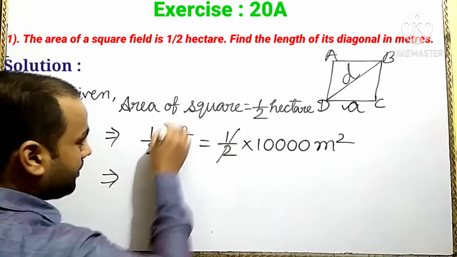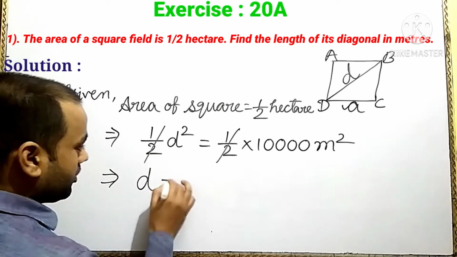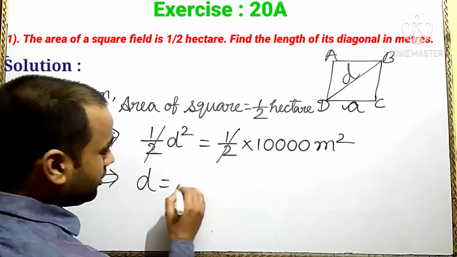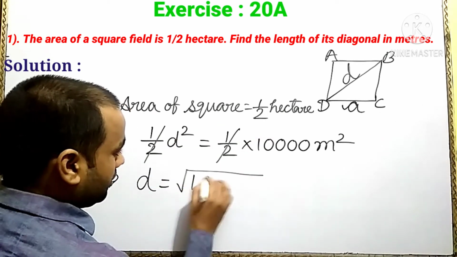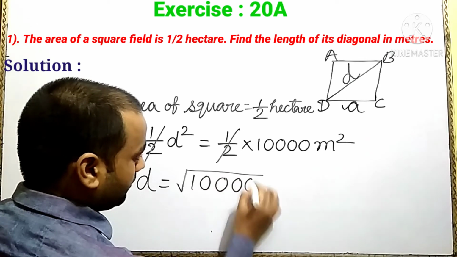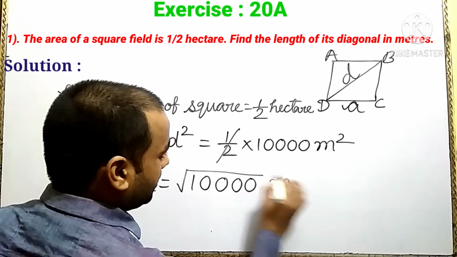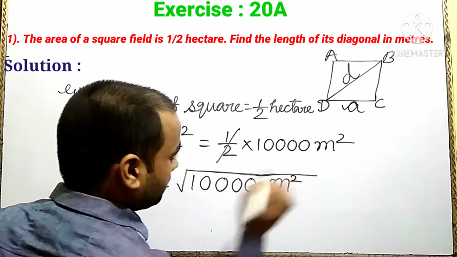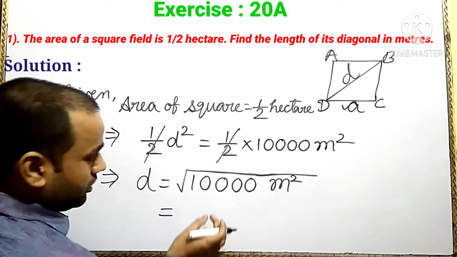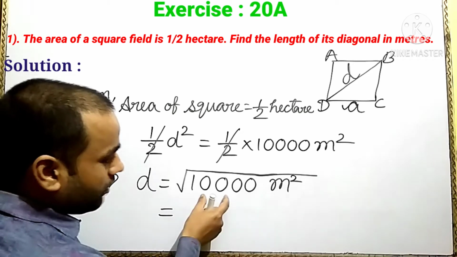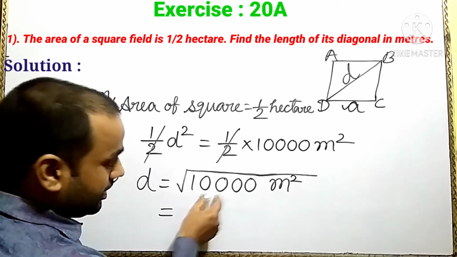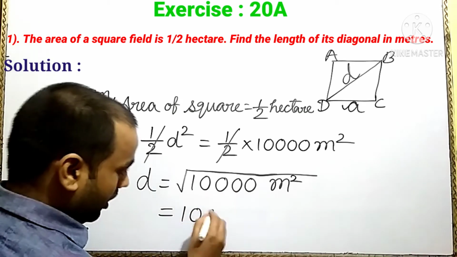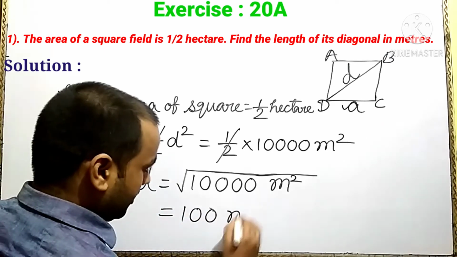Hectare converted into square meter. Both halves cancel out. D square is equal to 10,000 square meter. Taking the square root, D is equal to the square root of 10,000, which is 100 meter.